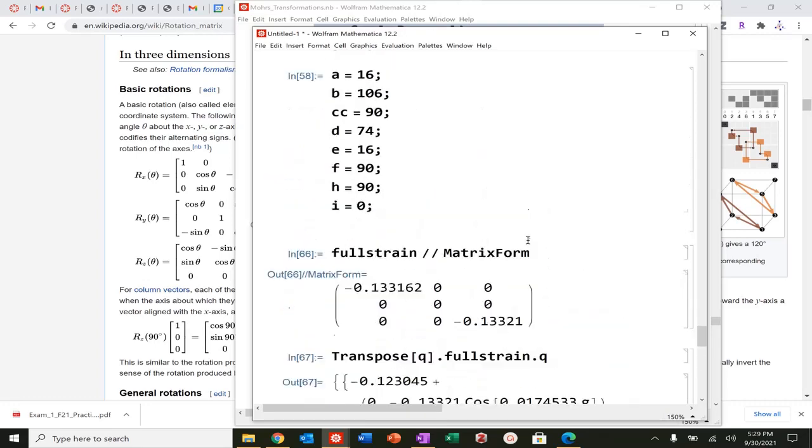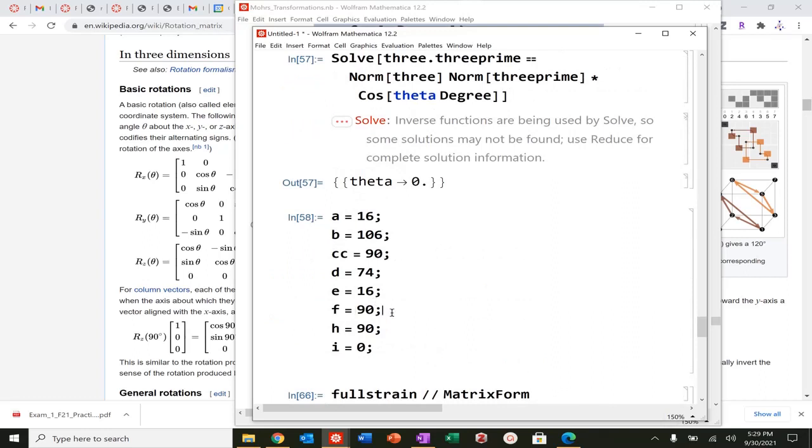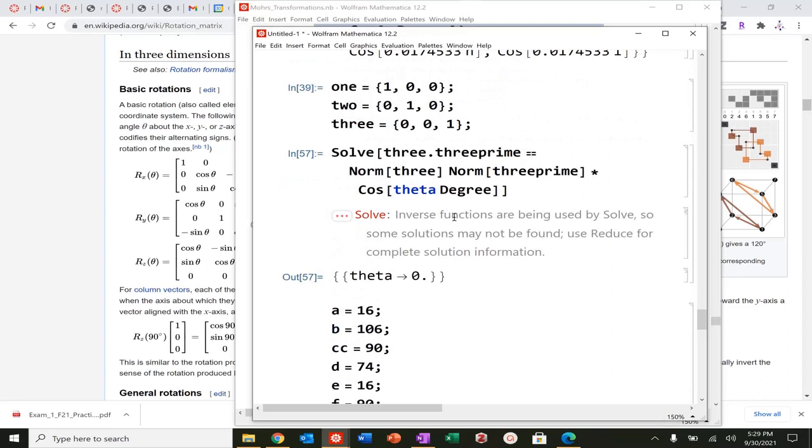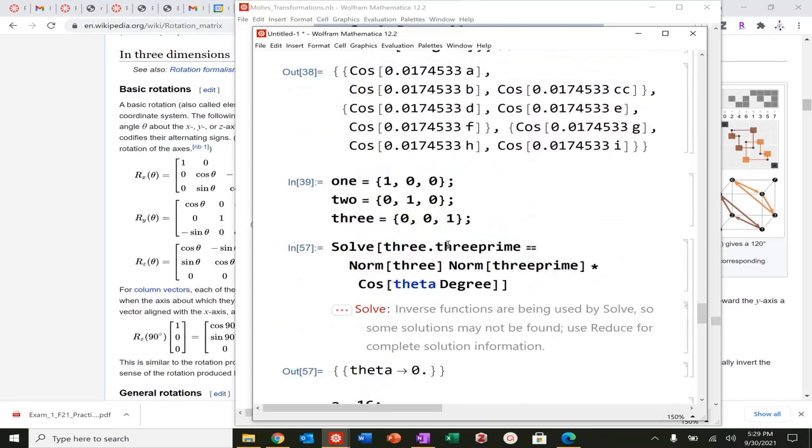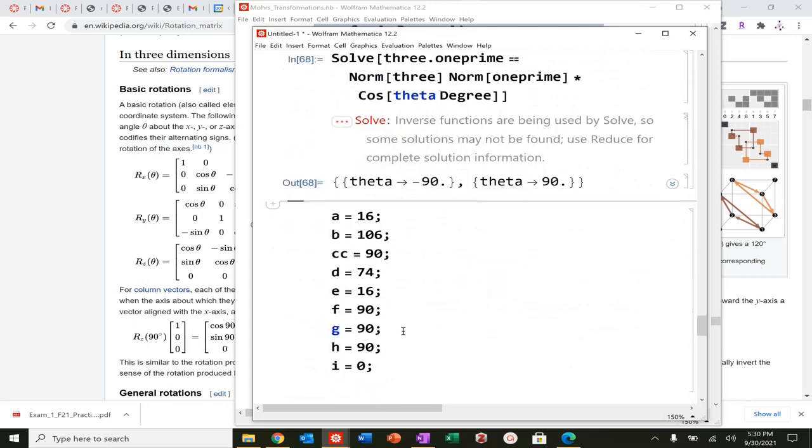Ooh, why is the G? A, B, C, D, E, F. Maybe there's a G equals 90. So let's just make sure. I think I missed one here. G is the angle between 3 and 1 prime.